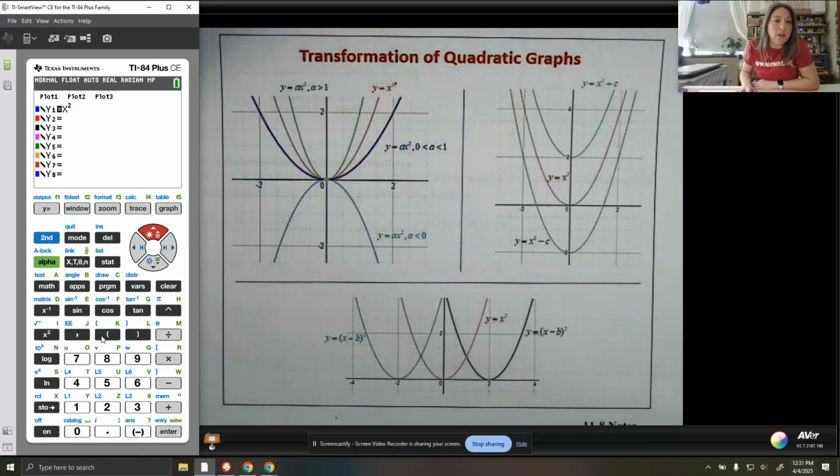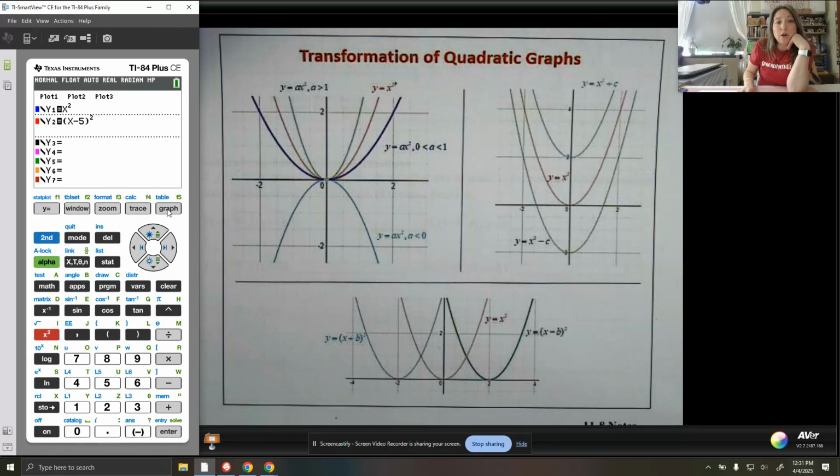If I go in parentheses with my x, subtract, I'll say 5 again, because it gives me a really good picture of what's going on, in parentheses and square it, it actually moves the opposite direction we think it should. So we're going into the vertex form because we're changing the x value of the vertex.